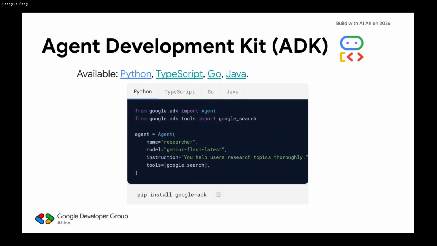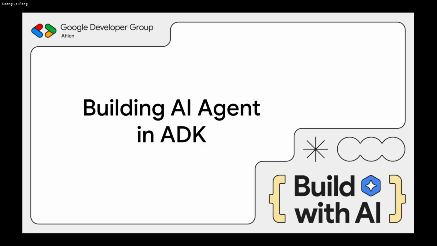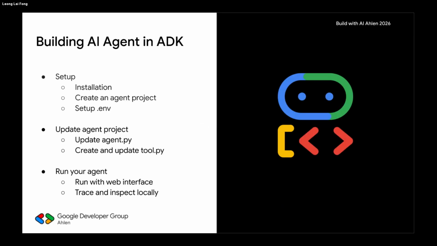The ADK is already available in different languages. Besides Python, we also have TypeScript, Go, and Java. For our example today, we will mainly be using Python to build the AI agent in ADK. I will go through the building part very briefly because this will not be the highlight.